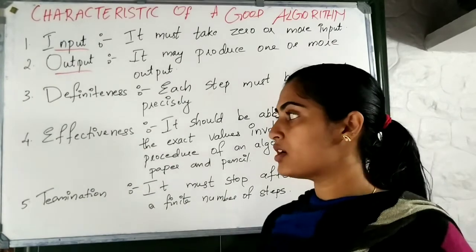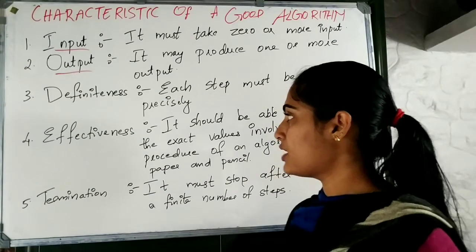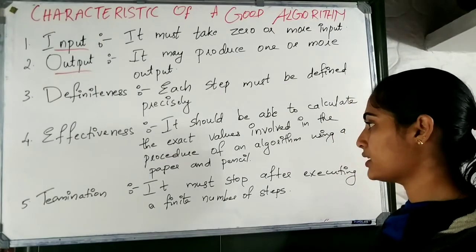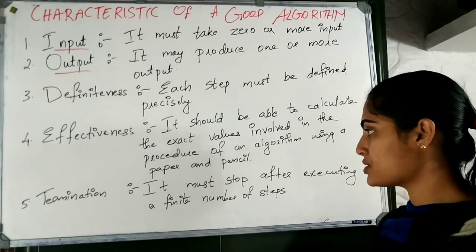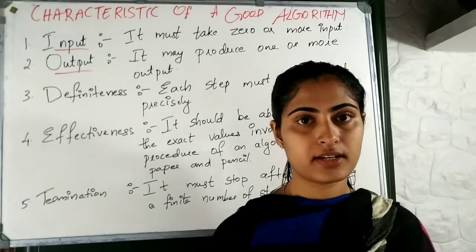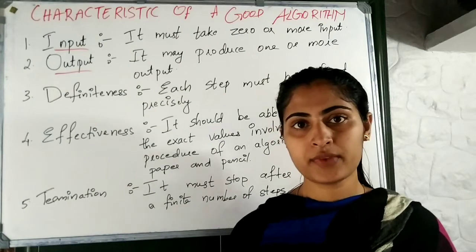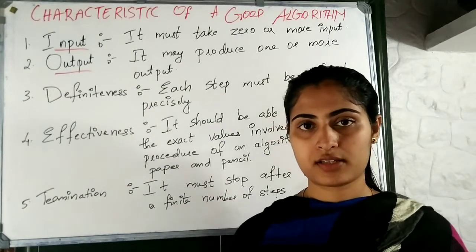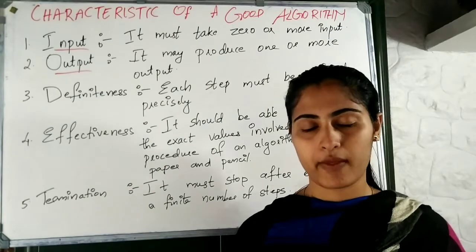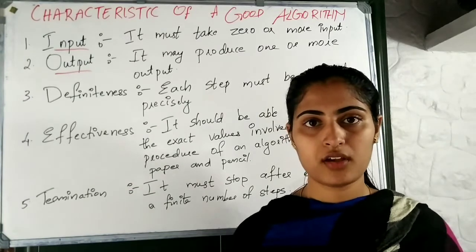And fourth one is effectiveness. It should be possible to calculate the exact values involved in the procedure of an algorithm using paper and pencil. When we write an algorithm, it might include mathematical operations like addition, subtraction, or any type of mathematical operation.